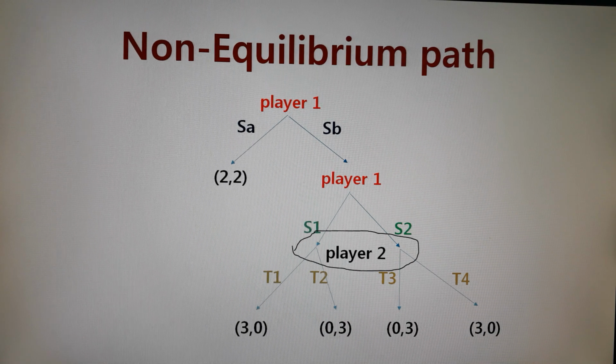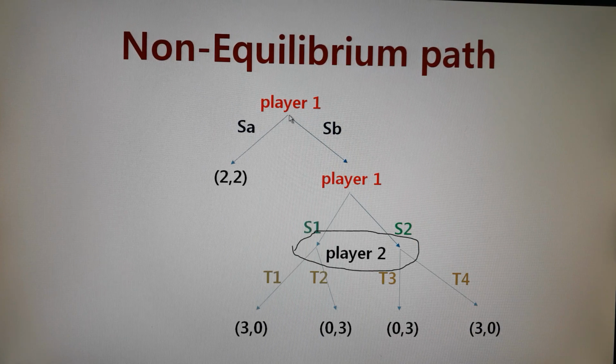Think about the next game. Player 1 and player 2, but player 1 chooses first, then player 2. Player 1 either chooses SA or SB. If player 1 chooses SA, the game stops immediately and player 1 gets payoff 2, player 2 gets payoff 2.